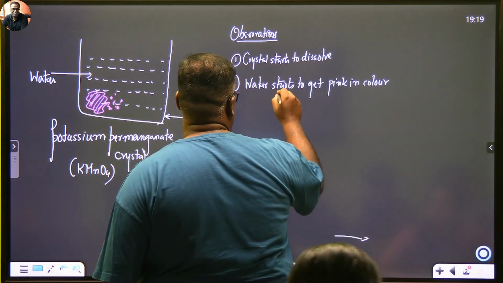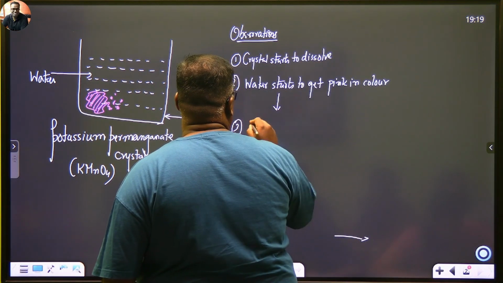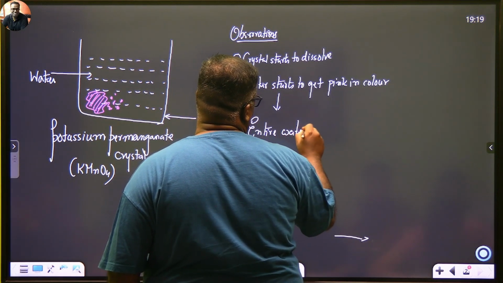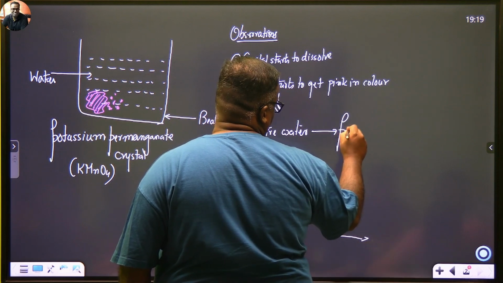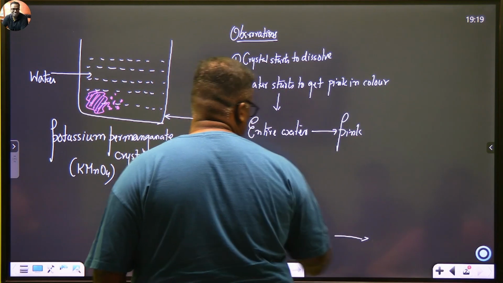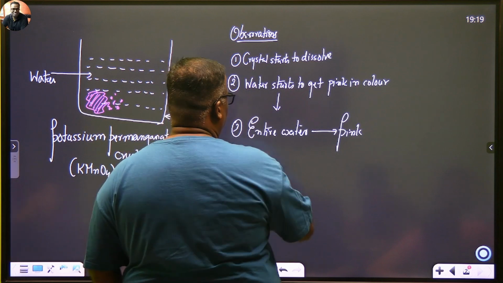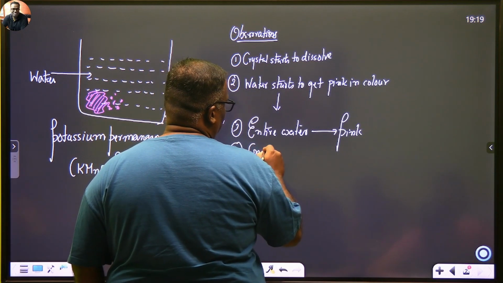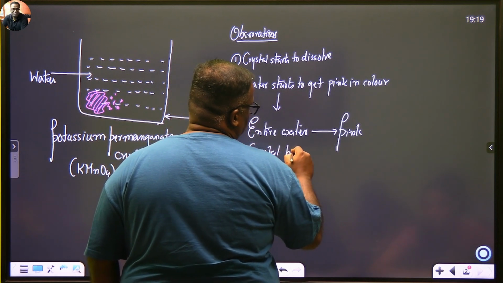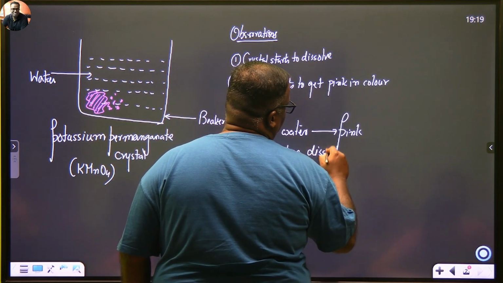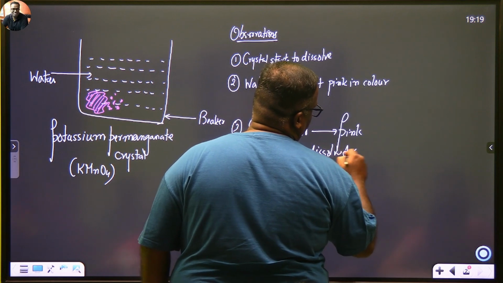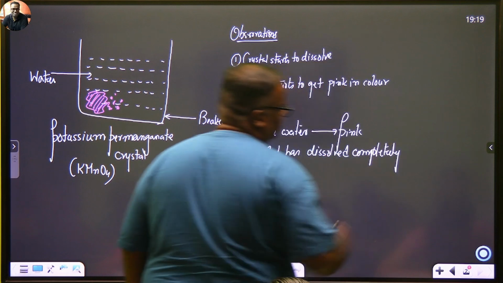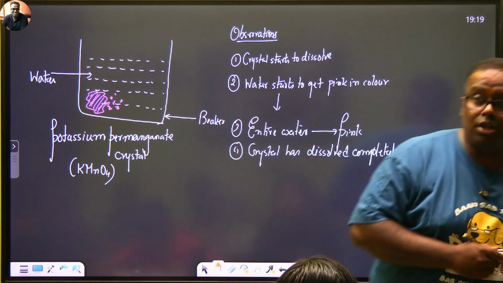So after some time, what we see that the entire water has now turned pink. The entire water has now turned pink, and along with it, another thing we will see, that is number 4, crystal has dissolved completely. तेलुगु में बोले तो आई पिंड चला गया, किधर है, कहाँ गया crystal?